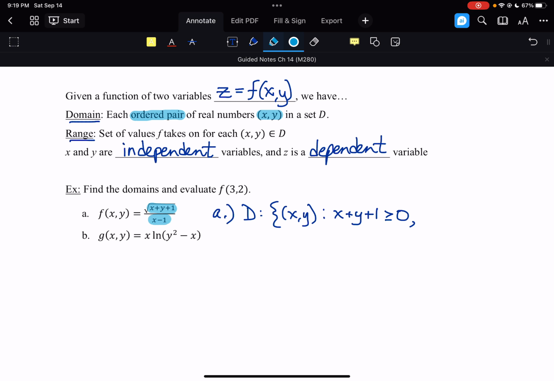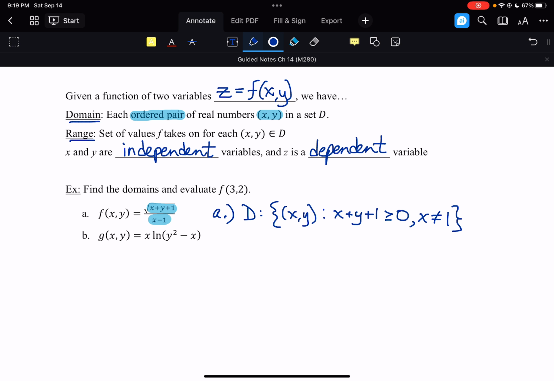And this is a rational function, and a rational function cannot have a denominator that is equal to 0, meaning that x cannot be equal to 1. So this would be the domain of this function. It is all ordered pairs x and y that satisfy these conditions: x plus y plus 1 must be greater than or equal to 0, and x cannot be equal to 1.